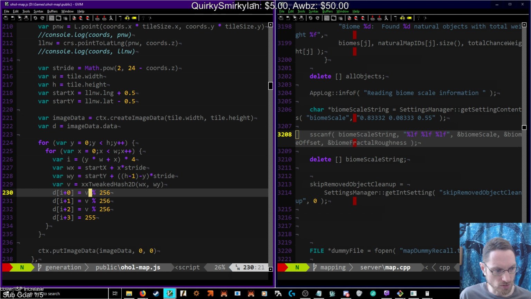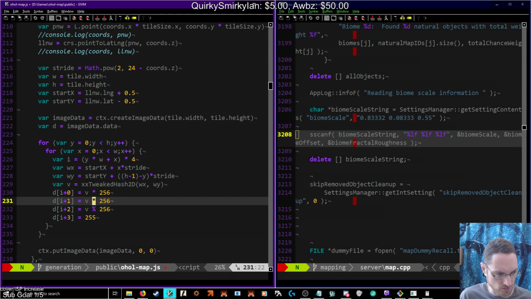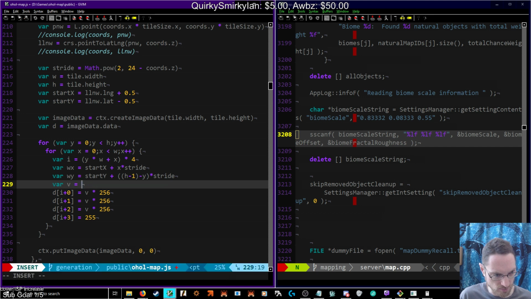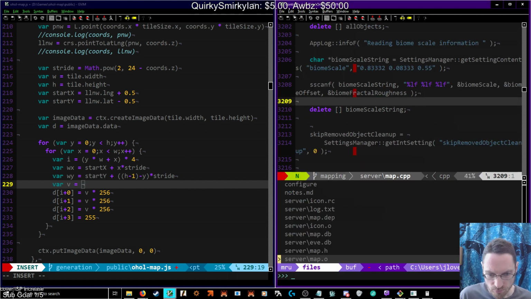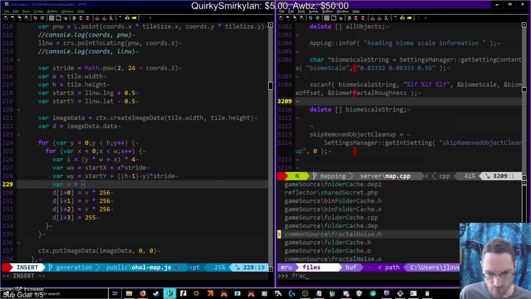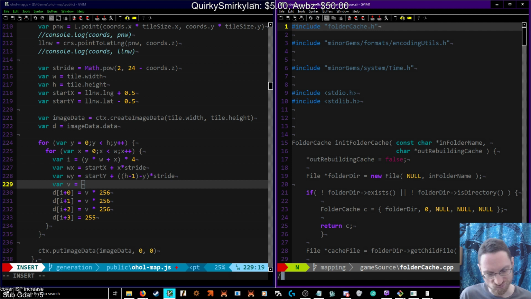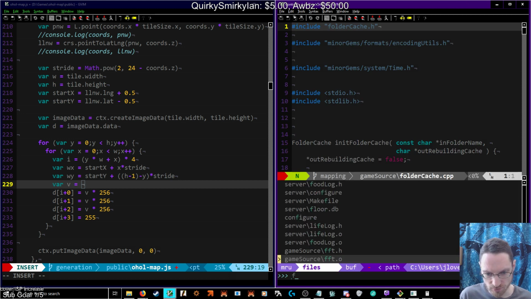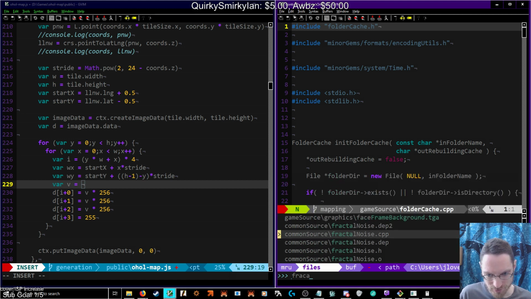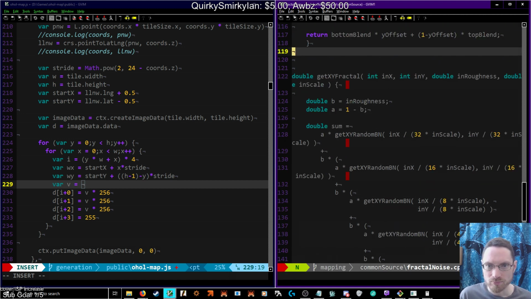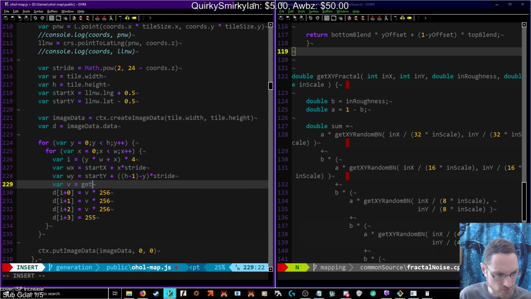All right, so you are actually going to be 0 to 1, we think. Is it fractal? No, it's folder. Get XY fractal.